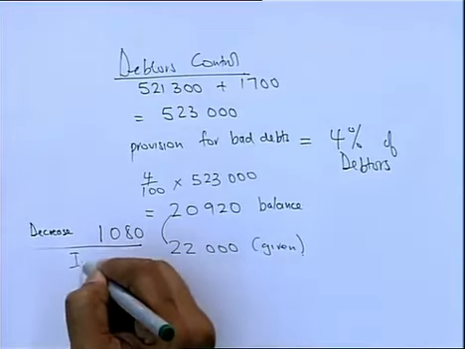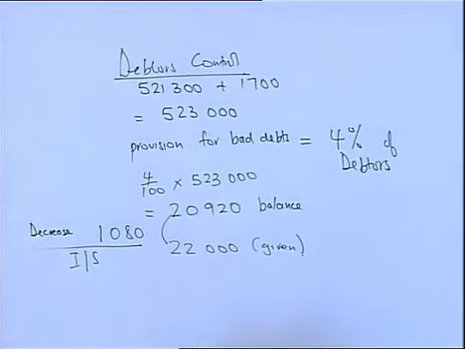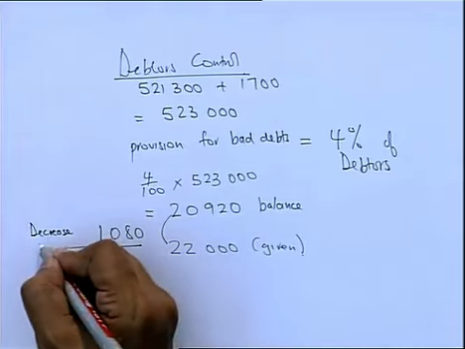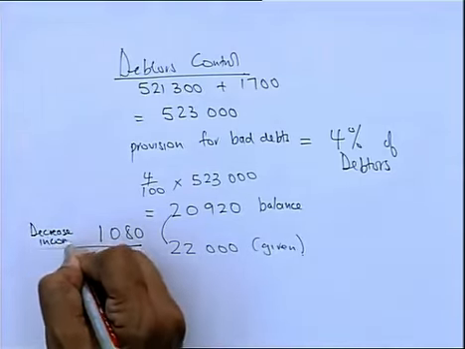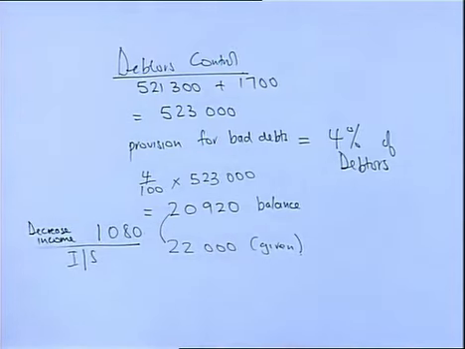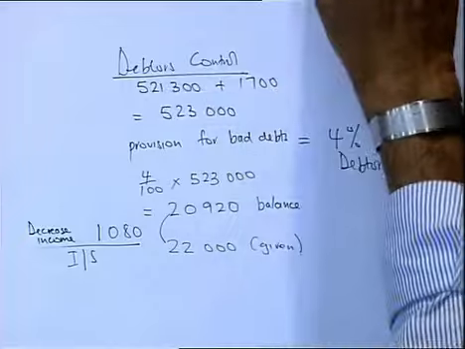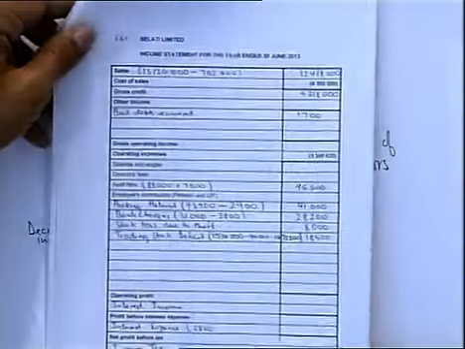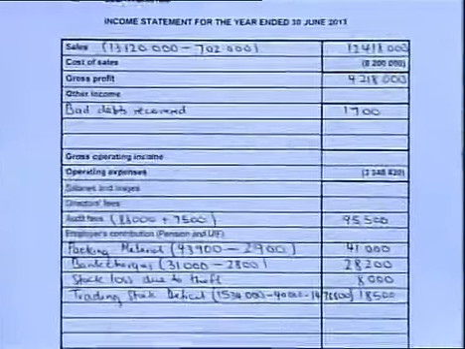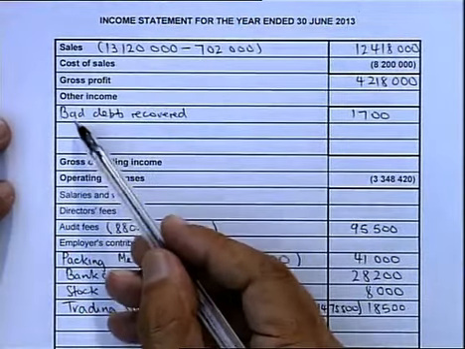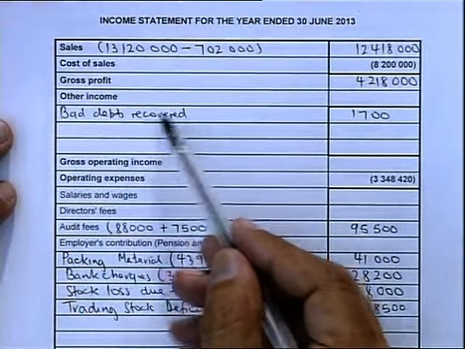So the 1,080 will be the item that you're going to take to your income statement. And because it's decreasing, it will become an income. Okay. If the item was increasing, it was going to be an expense. So in your income statement, your first income was bad debts recovered.